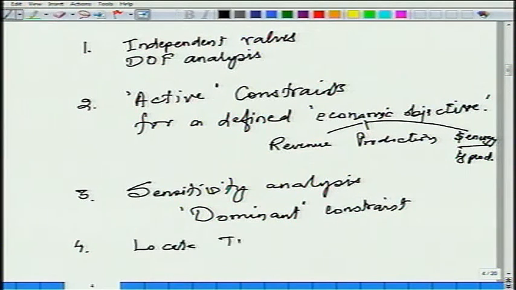Locate the TPM at the dominant constraint. DC is dominant constraint. After that, you just have to synthesize the control system.